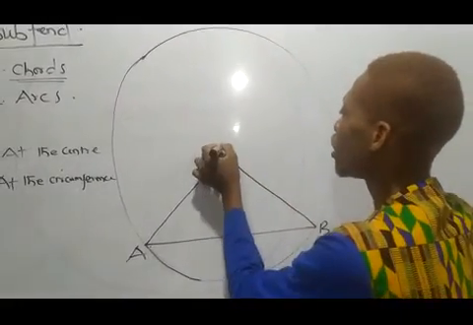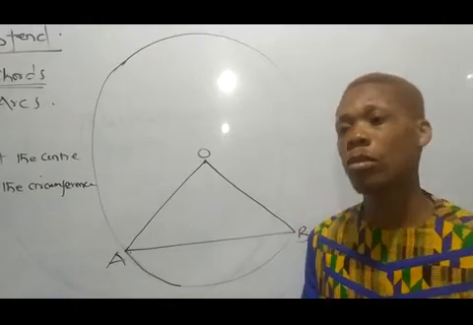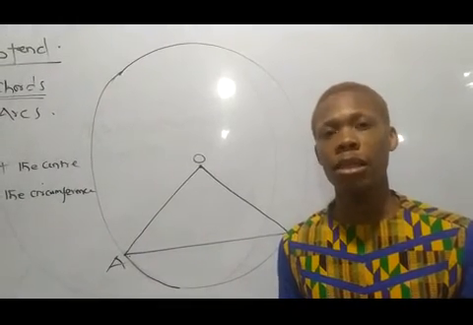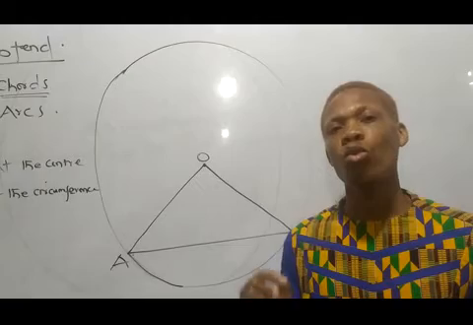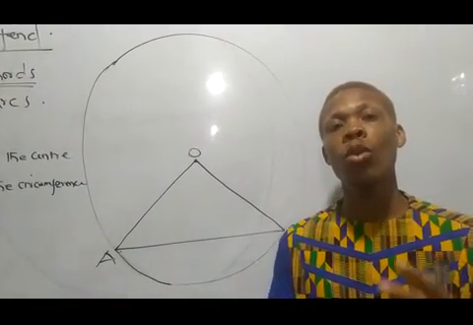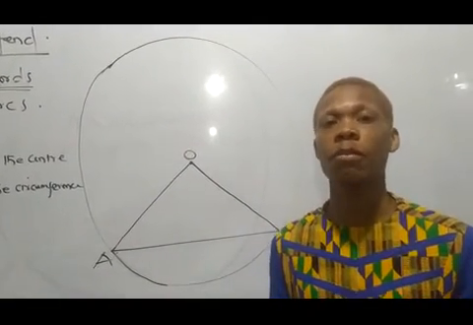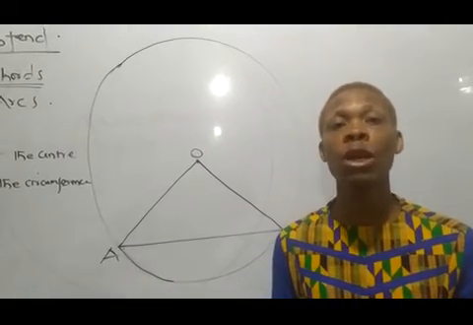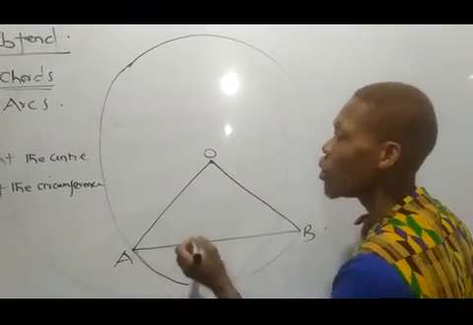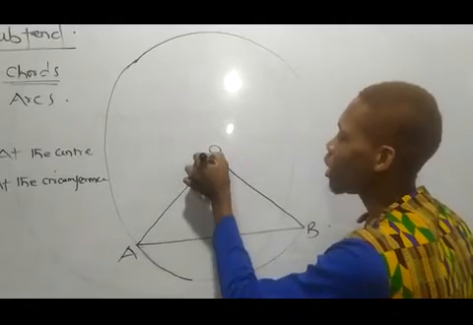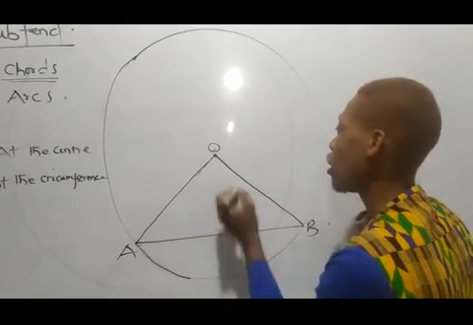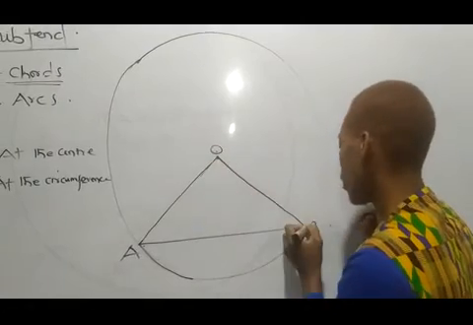Now let me call this center O. From our plane geometry class, we learned that an angle is formed when two straight lines meet. So let's look at the angle O here. You realize that angle O is created by this line OA and then the line OB.